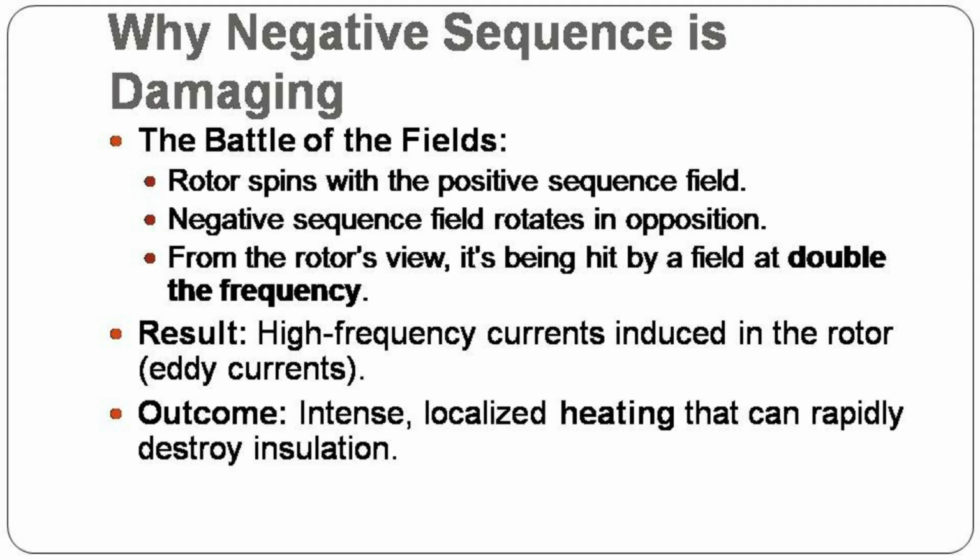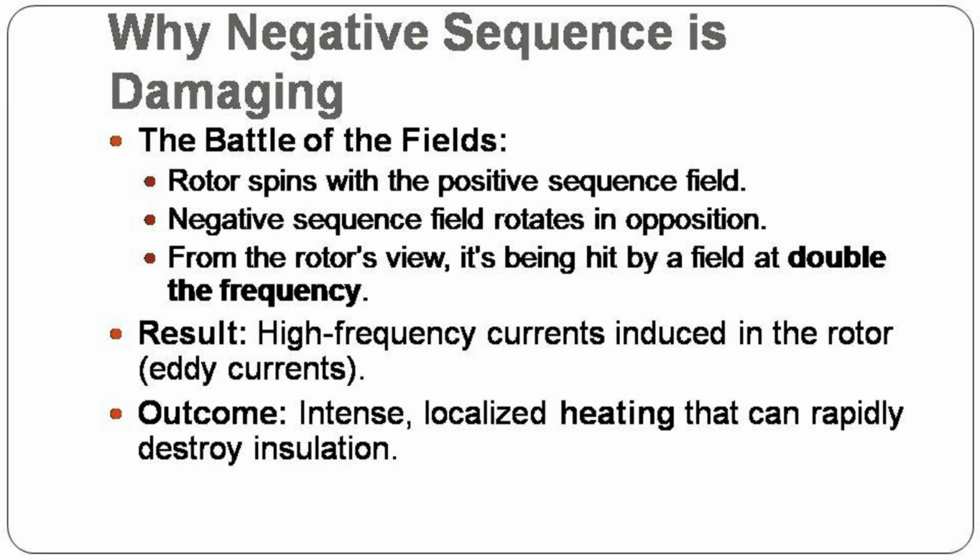It's whipping past at twice the synchronous speed. If the system is at 60 Hz, the rotor sees a 120 Hz field cutting through it. This rapidly alternating magnetic field induces a massive double frequency current in the rotor body itself, which is known as eddy current.